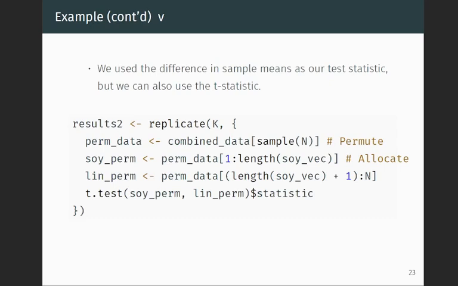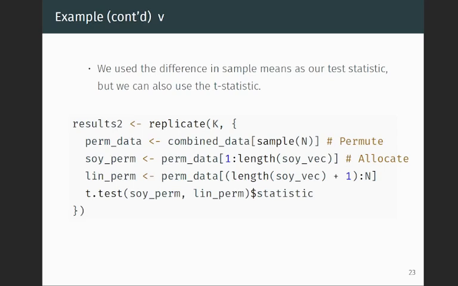Okay, so we used the difference in sample means as the test statistic, but we could have used the t-statistic itself. And so here I'm just repeating the same thing we did earlier. It's very similar. The only difference is the last line, where instead of taking the difference in sample means, I'm using the t.test function and then extracting the t-statistic using $statistic.